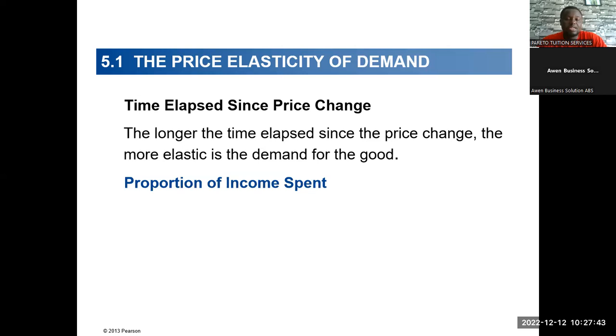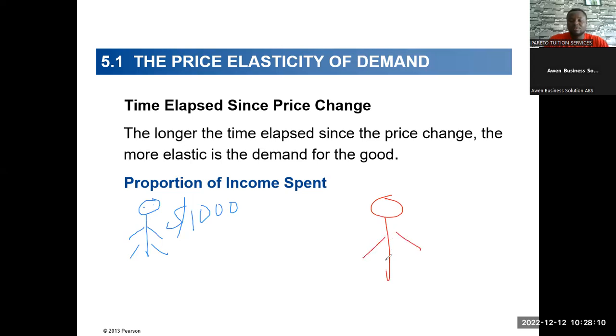All right. The second one was the proportion of income spent. Now, let's take two individuals. Let me use this illustration. Individual A has, let's say, $1,000. And individual B is very rich.